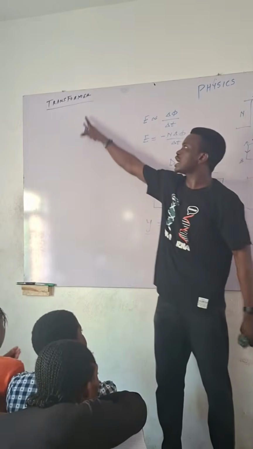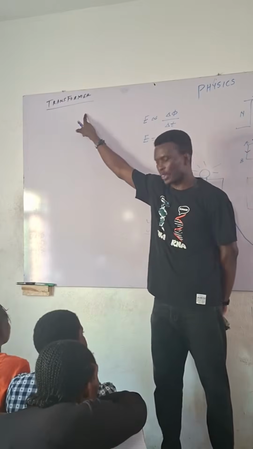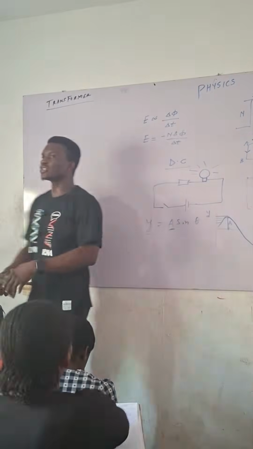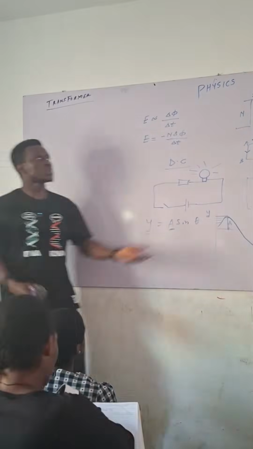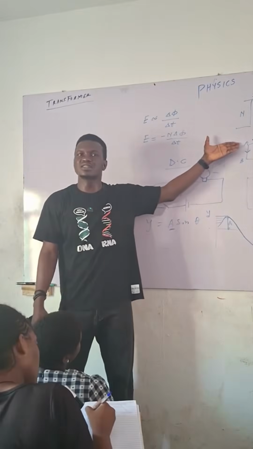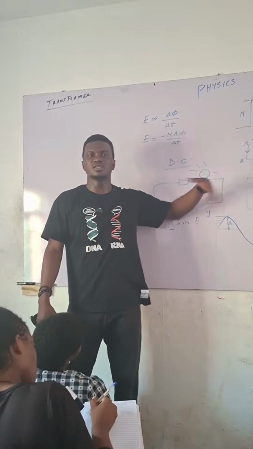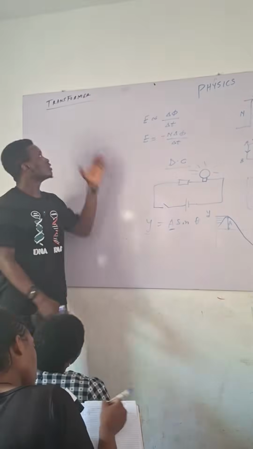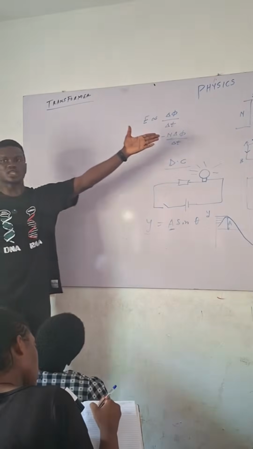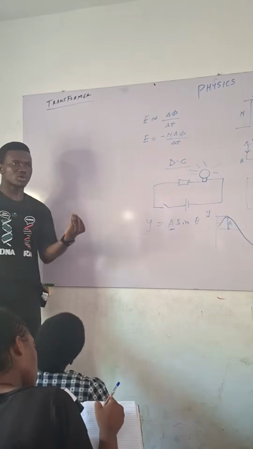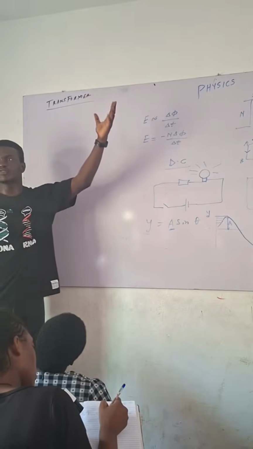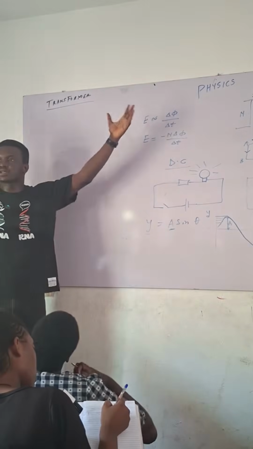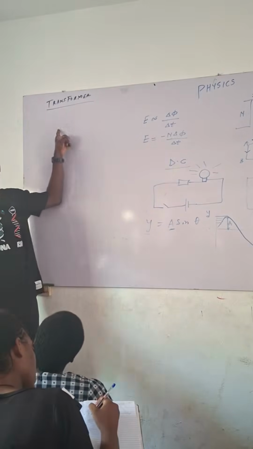So that is the purpose of a transformer. If they ask you, how did you generate the voltage? You generate it using an AC circuit or an AC generator. Now, that voltage you have generated, if it is too small, you want to increase it. If it is too large, you want to decrease it, then you have a transformer.